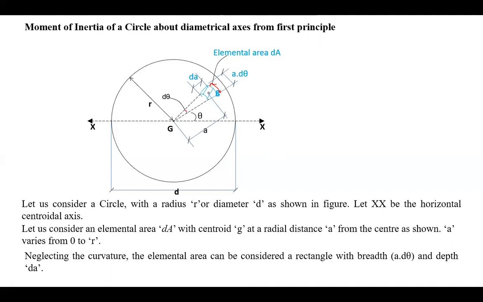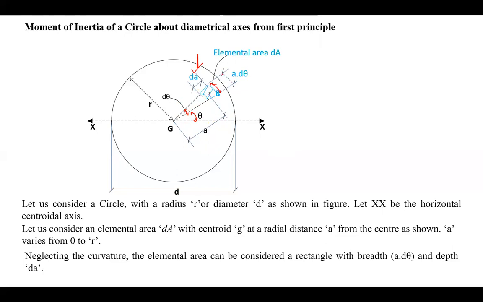Let the angle made by this small elemental area at the center be d theta, and this entire sector makes an angle of theta from the horizontal x-axis, with dA as the thickness. If A is the radius, then the width of this sector will become A d theta.